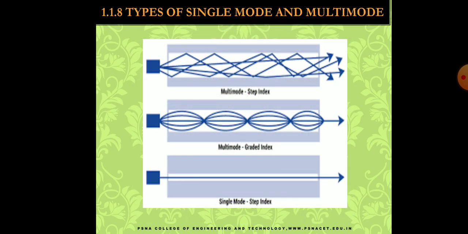And next we are going to see the types of single mode and multimode fiber. The single mode fiber is classified as single step index fiber and multimode is classified into two types. The first one is the multimode step index fiber and the second is multimode graded index fiber.